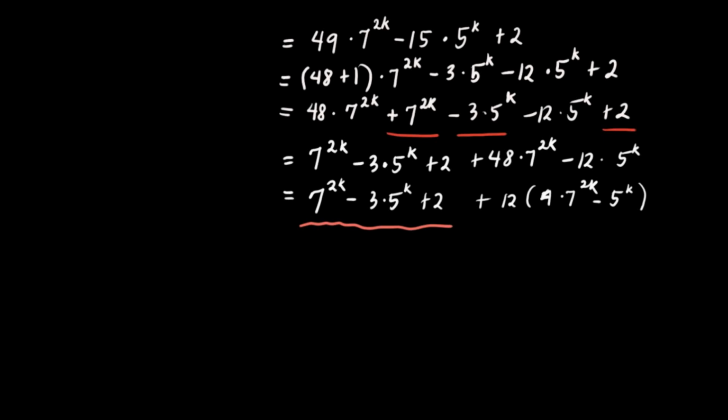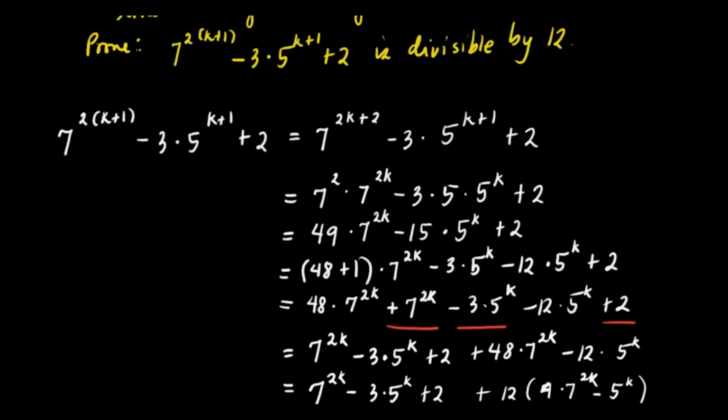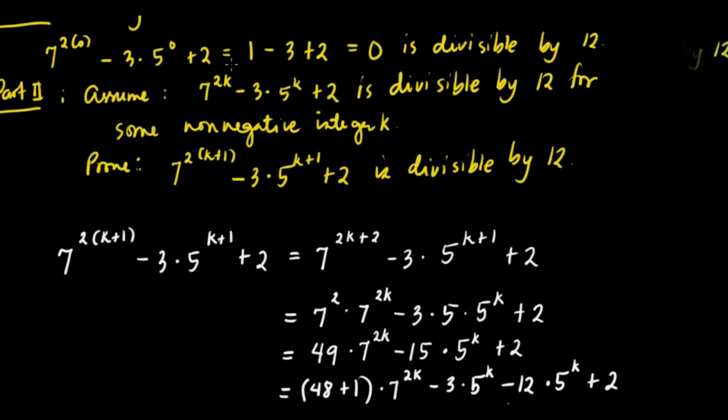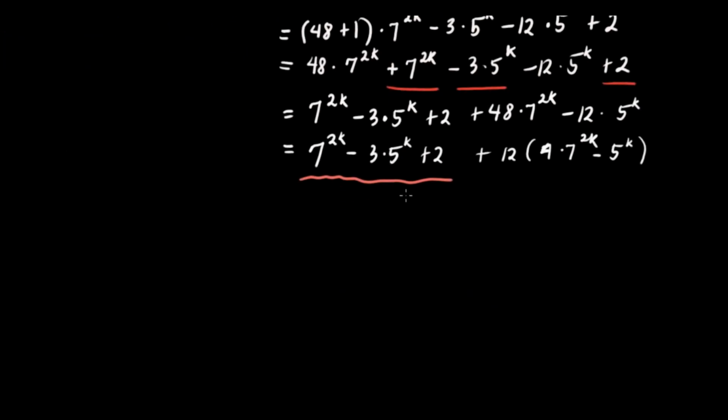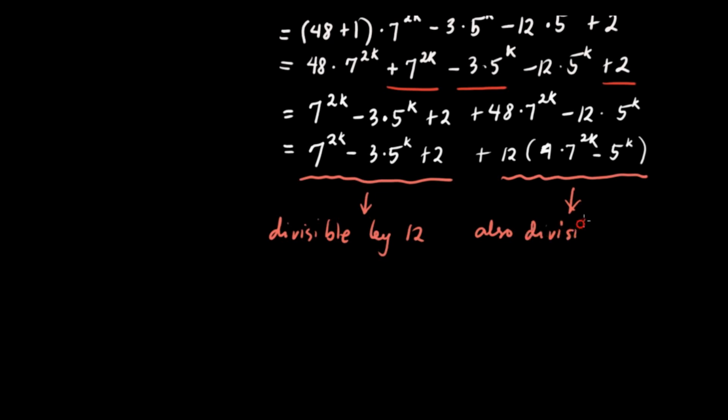Okay? So this one is divisible by 12 by the inductive hypothesis. Tama? It's divisible by 12. Kamukha lang siya nito. And clearly, this one, since may factor siya na 12, this is also divisible by 12. So, kung divisible na to by 12 and this one is also divisible by 12, pag pinagsama to, divisible din yun by 12.